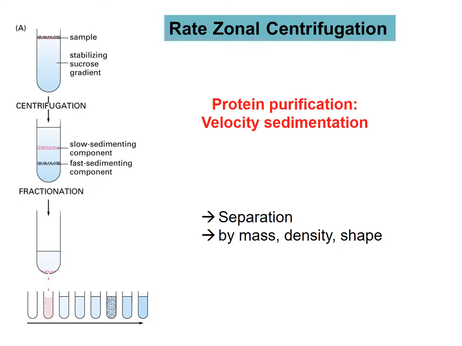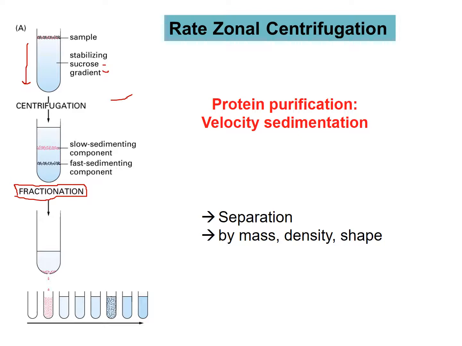And so we have a cartoon here showing the beginning, the results of centrifugation here, and then a step that has to occur, and this is a subject for later, but it's fractionation. The sample is loaded on the top, and what we have in this is a sucrose gradient.